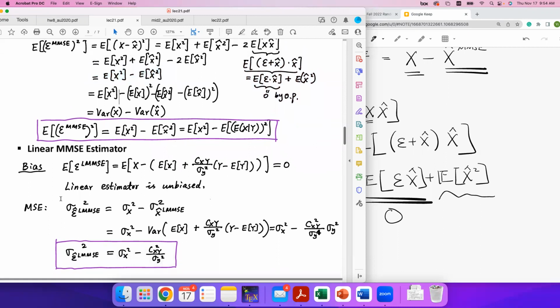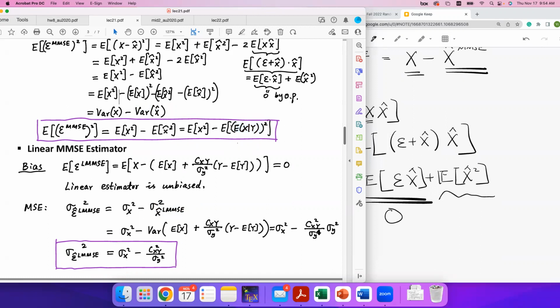So in the end, the mean square error is basically the variance of x minus the variance of x hat, your estimator. But the only difference is that now we are looking at the variance of the linear estimator, whereas in the previous case, we were looking at the variance of the MMSE estimator.